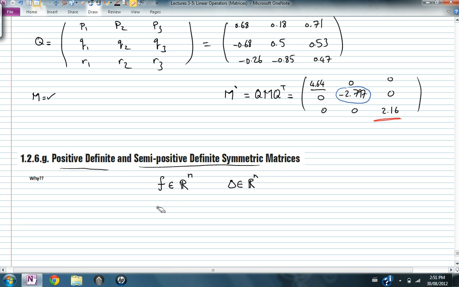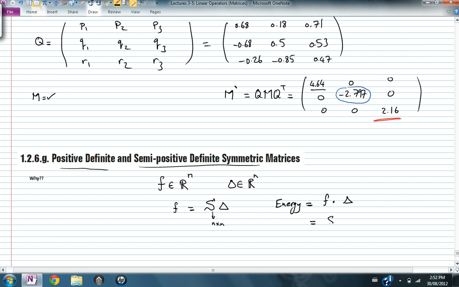And from elasticity, I can find a symmetric matrix where this vector f is equal to an n by n matrix S multiplied by this vector delta. And usually in mechanical elastic systems, this S is symmetric. So what happens when I multiply? If I want to get the energy of the system, the energy, as you know, is equal to F dot delta.